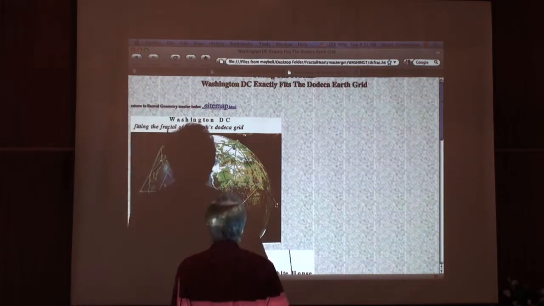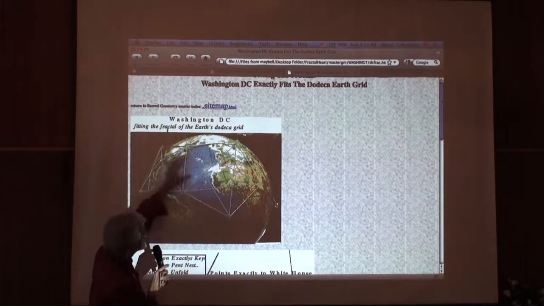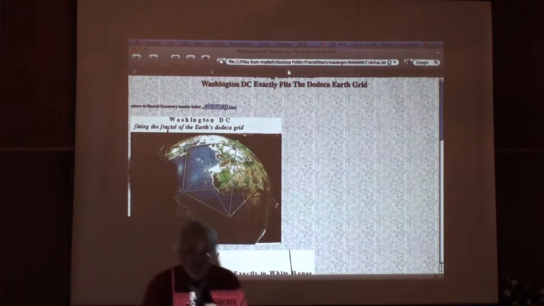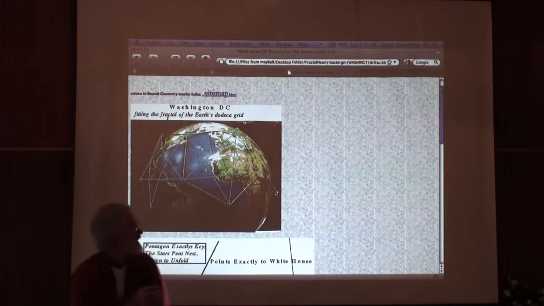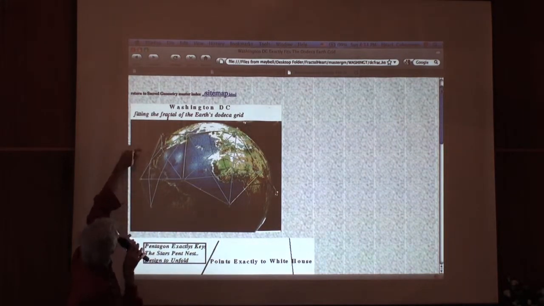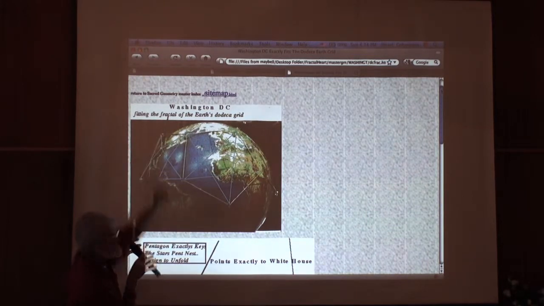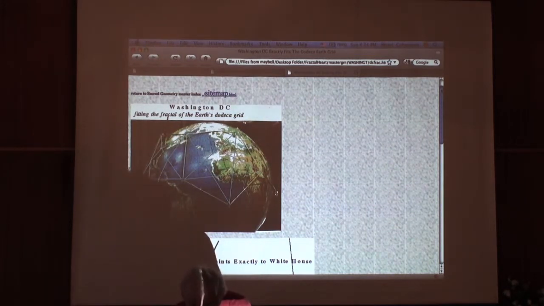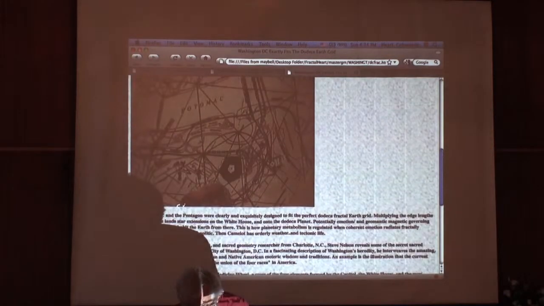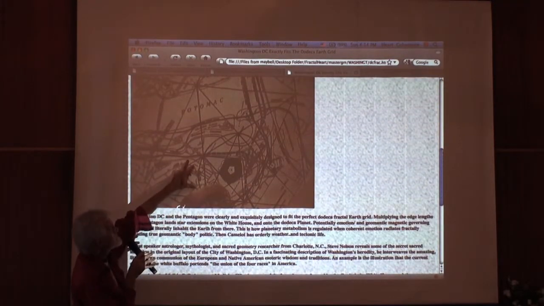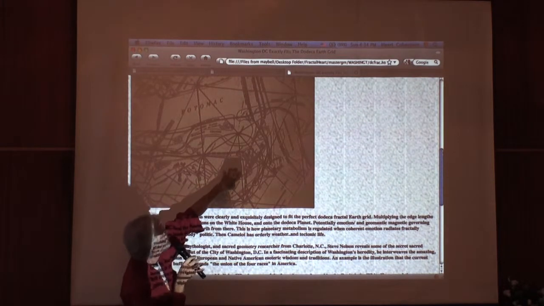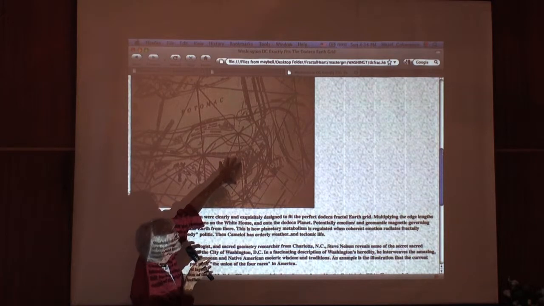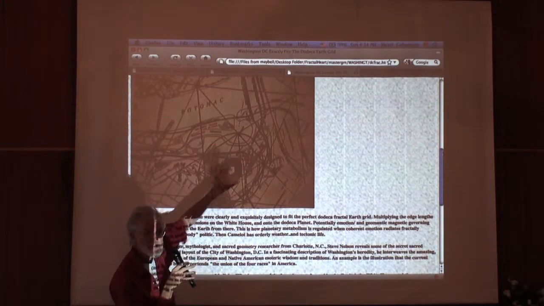I give you another example. I tutaj widzimy. This is the dodecaecosa Earth grid. To jest ta struktura geometryczna naniesiona na glob. If I zoom in on this point, jeżeli przybliży się w tym punkcie mapy, very accurately, bardzo dokładnie, I have Washington D.C. Dokładnie trafimy na miasto Waszyngton i na Pentagon. And the actual Pentagon and the White House is perfectly embedded.